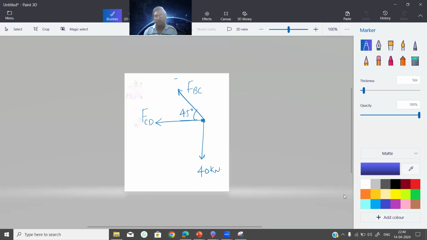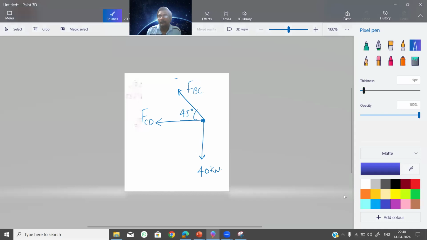Okay. Now you see this. This FBC, I will convert into two components.